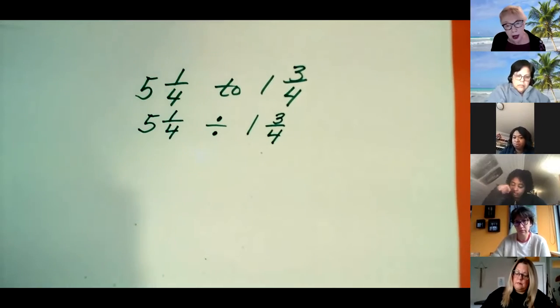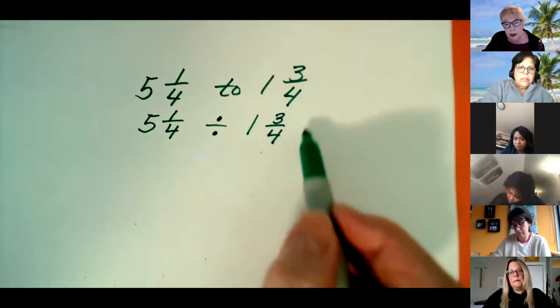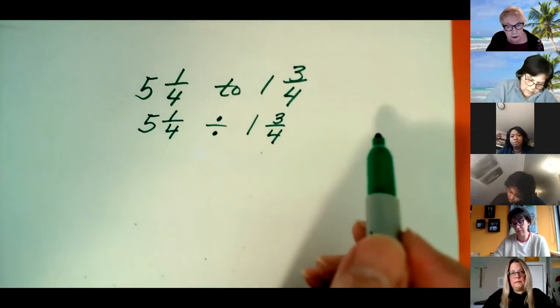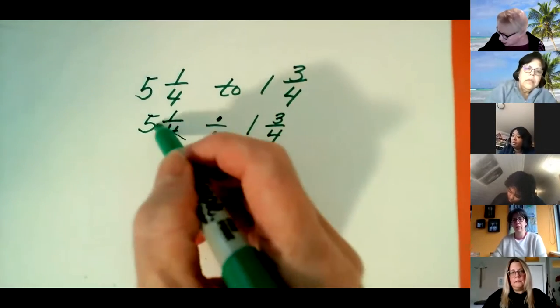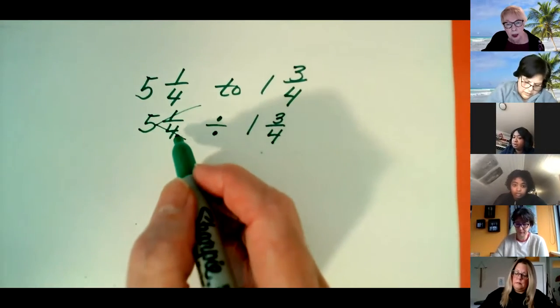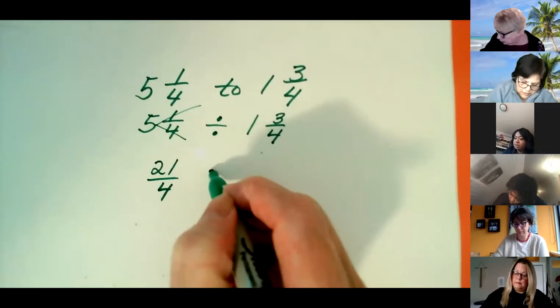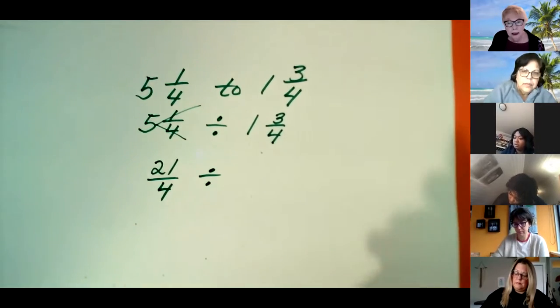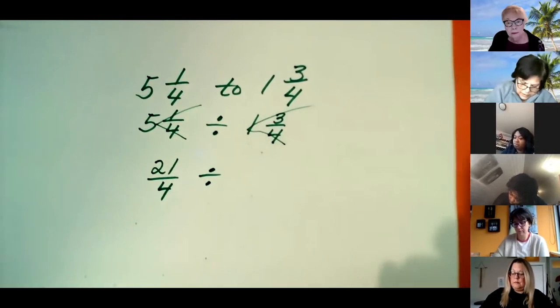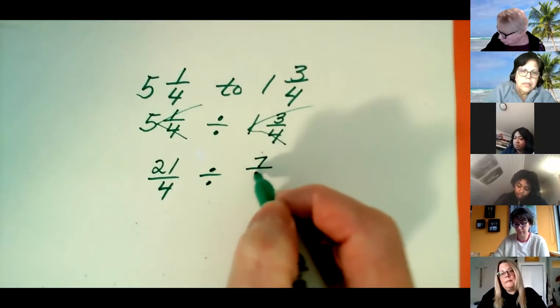Well, if we go on what we were doing previously, we had simple fractions, and then we did an invert. And so this would be the first thing you would have to do to make this simple fraction. 20 and 1 would be 21/4 divided by 4, and 3 is 7/4.